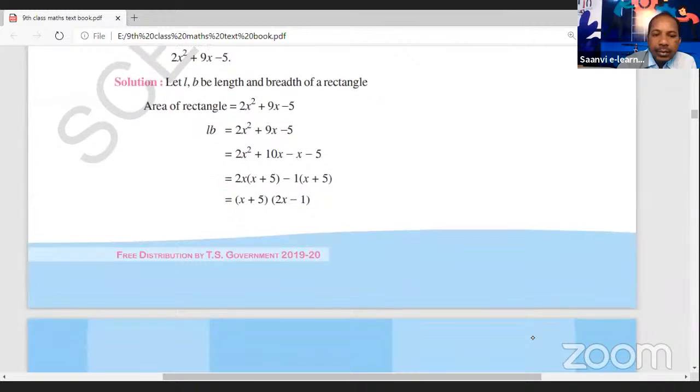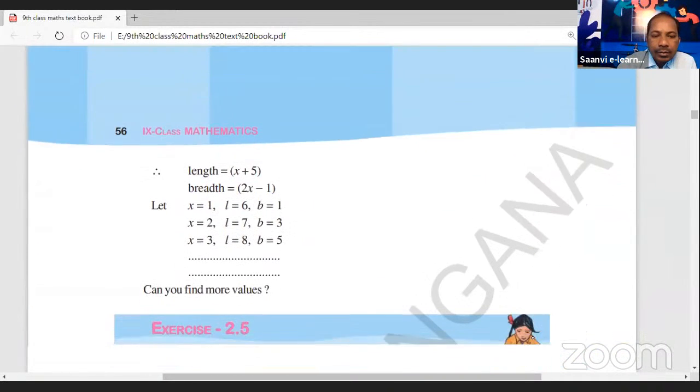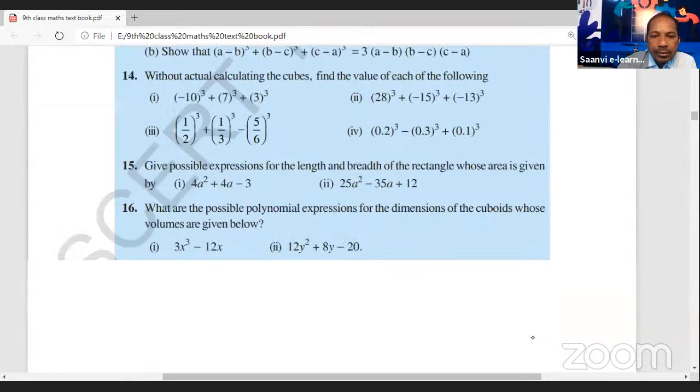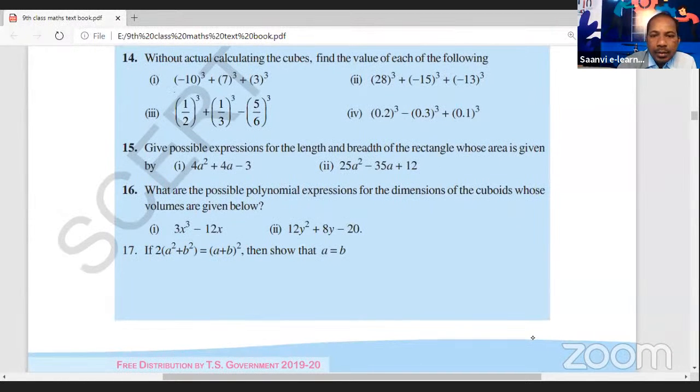The 15th bit is the same as it is: here also the area of a rectangle is given and asking length and breadth. You see example 27 and do this bit. And this is the formula, a direct formula: if a plus b plus c is equal to 0, then a cube plus b cube plus c cube is equal to 3abc, right? Okay, children, thank you.